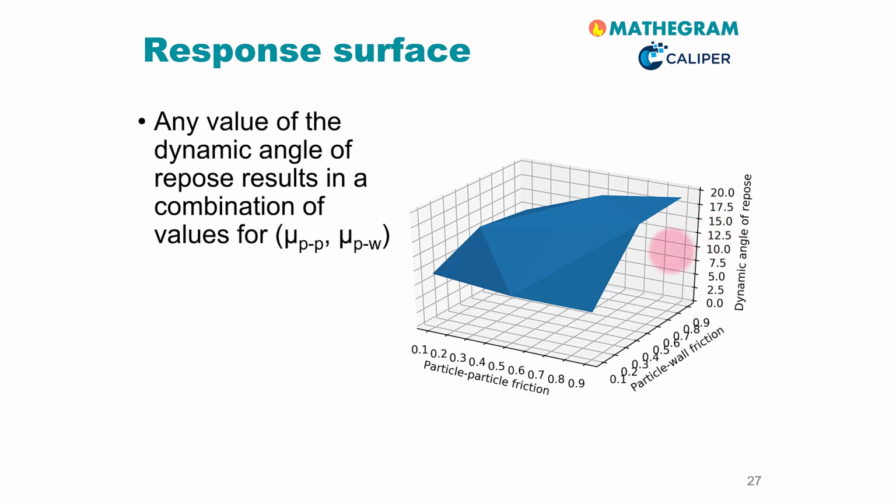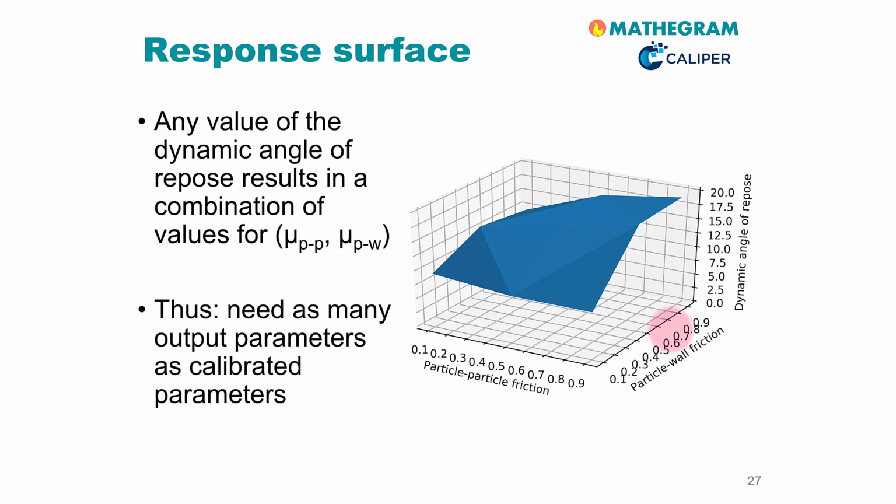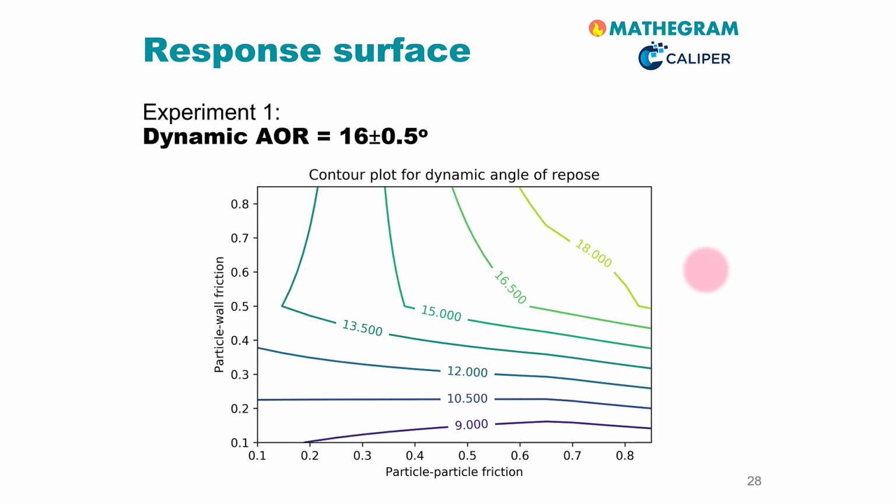And this line tells us the combination of particle-particle and particle-wall friction coefficients that will give this specific angle of repose. Thus, we need as many output parameters as calibrated parameters. In short, a single angle of repose is not enough to calibrate two friction parameters, for example.